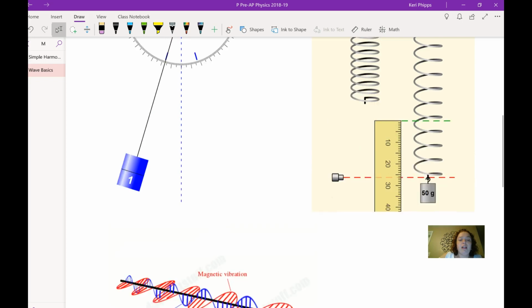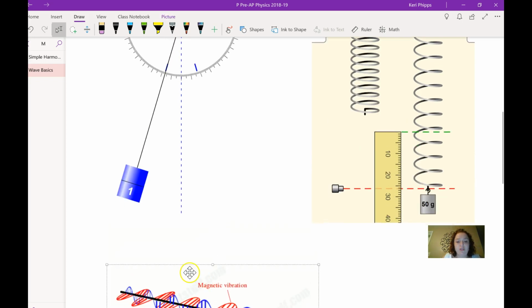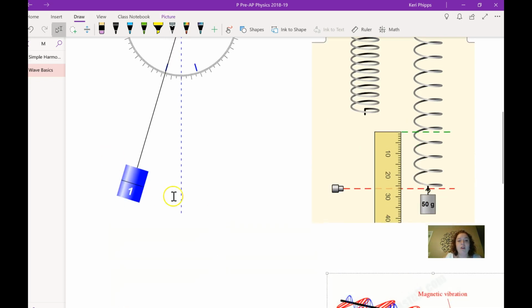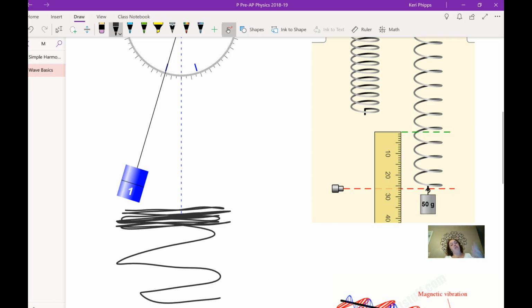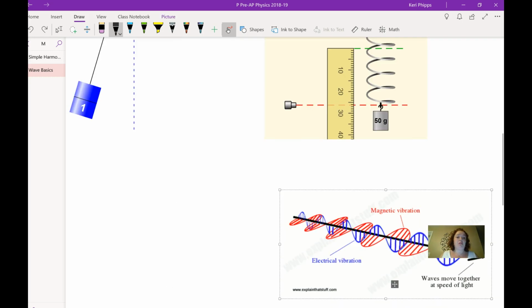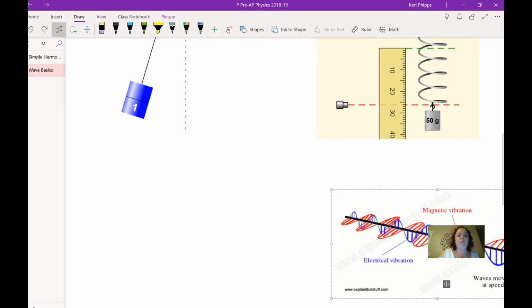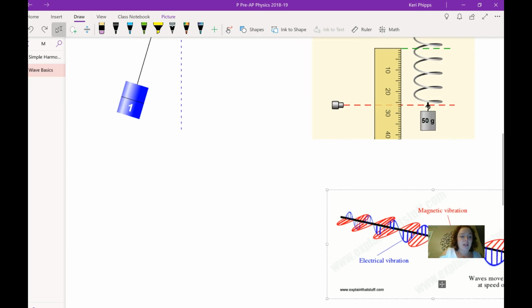I'm going to get this image out of the way for a second. Think about the pendulum swinging back and forth, back and forth. Now, if I start stretching this out over time, maybe we could try this a little smaller and neater.